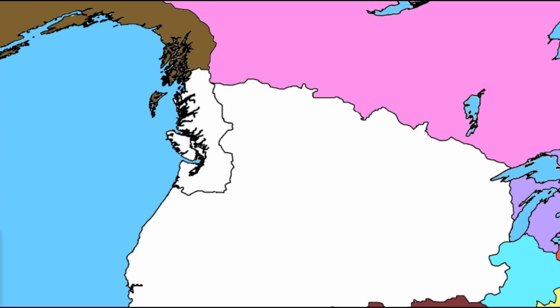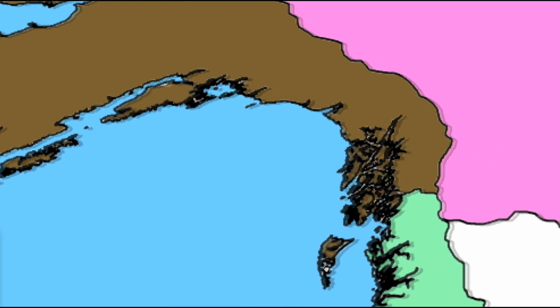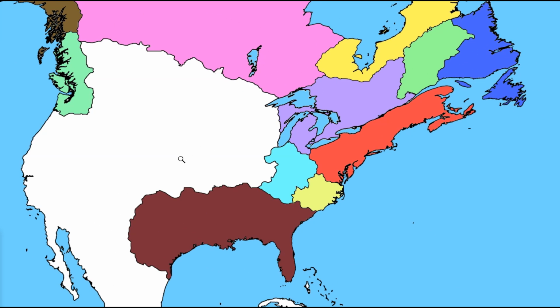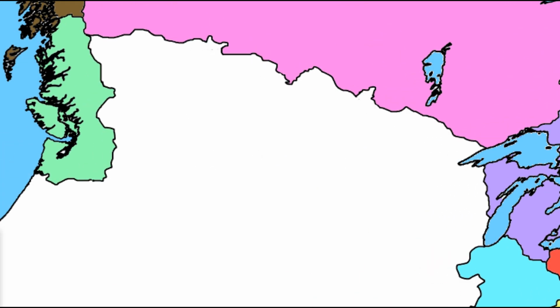So maybe we give these guys a greenish blue as well. And there must have been a war over here. Maybe these guys had all the way up to here or something, as well as all these islands. But Alaska probably won, it looks like. And they took over some islands and stuff. So there's that. But there are definitely going to be a few smaller countries.